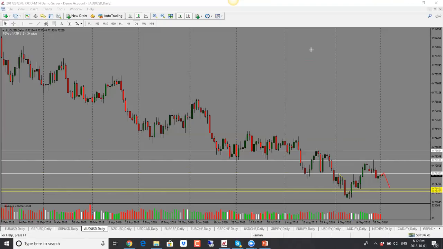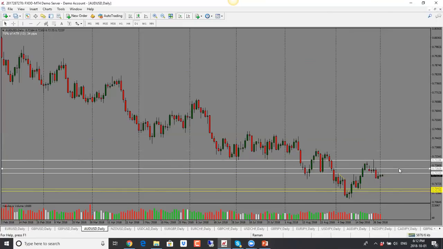Now, with the RBA statement, it could be positive, and if the statement is positive, we could see the price move up higher. However, I am not hugely bullish on Australian dollars. So I would look for a move into the 0.7260 level, or potentially it could go all the way into the high, but I would be looking for a reversal here, even if the RBA statement does push this higher, unless something drastic happens, like they change the interest rate.